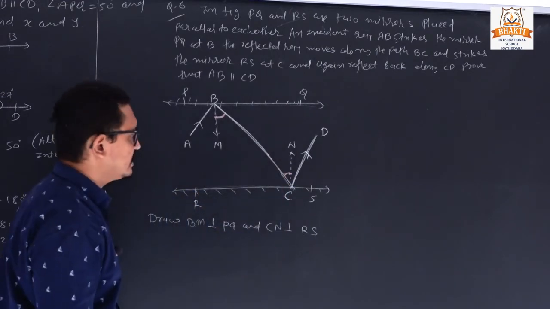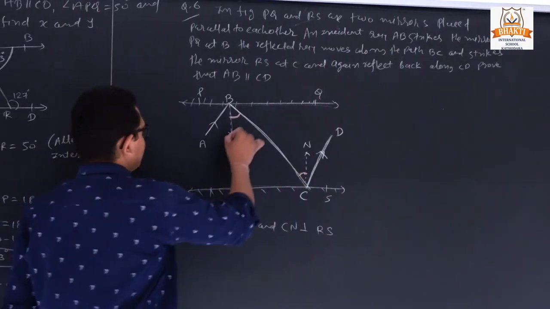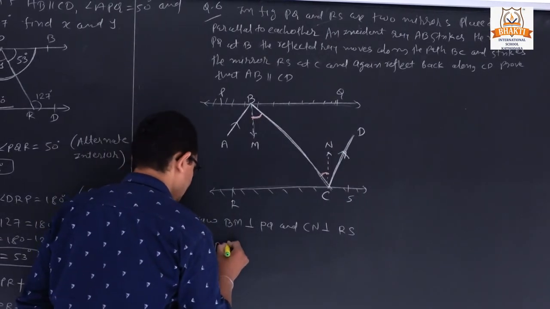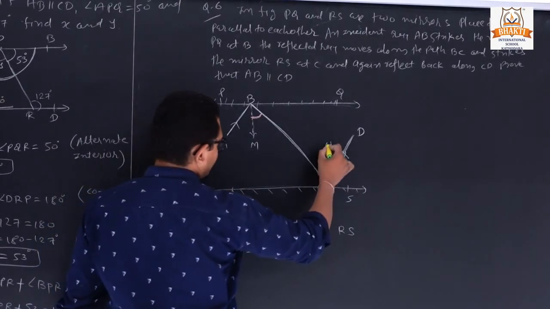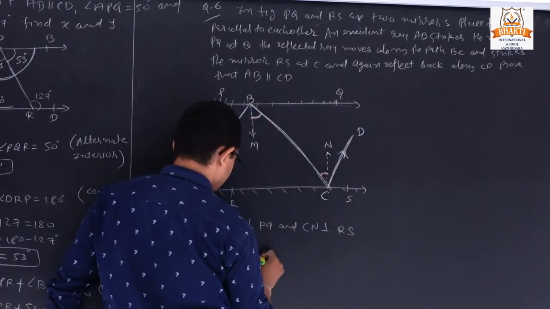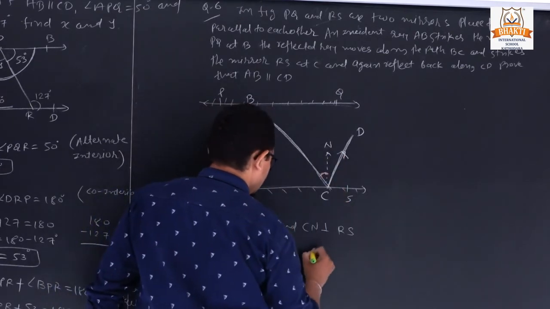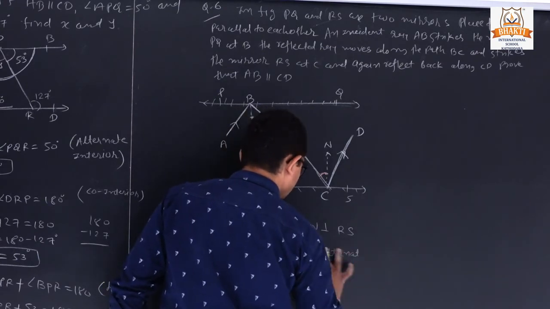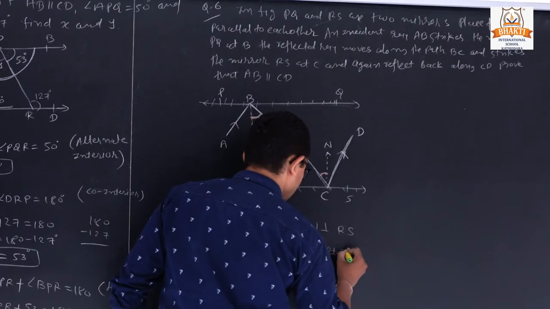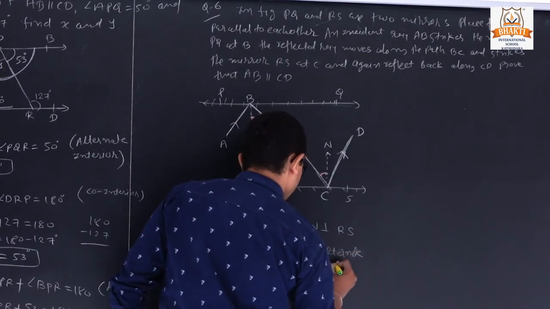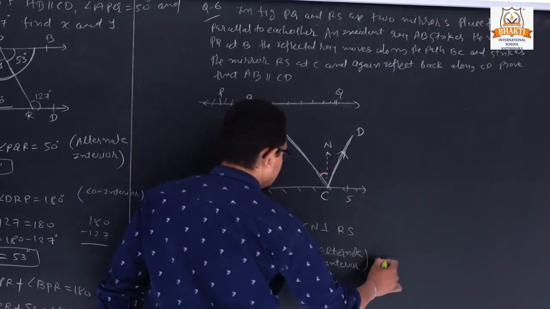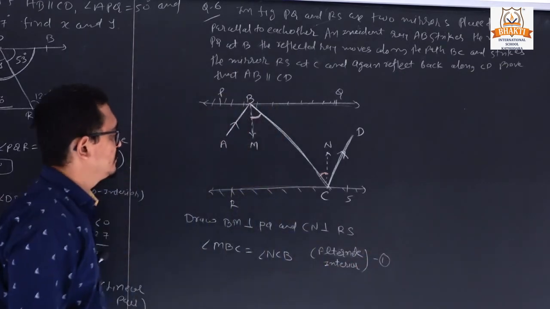Alternate interior angles. So we can write angle MBC is equal to NCB, alternate interior. Clear? We can declare it is result number one.